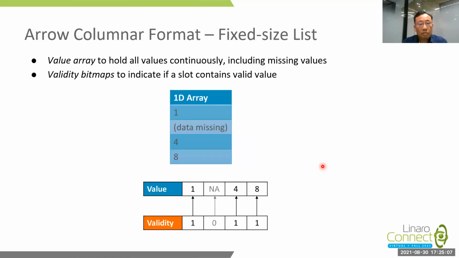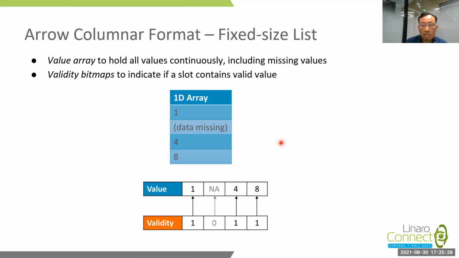Now the Arrow columnar format. The Arrow columnar format is designed for fast in-memory computations. This also eliminates the necessity for serialization and deserialization. First, I will introduce the fixed size list.